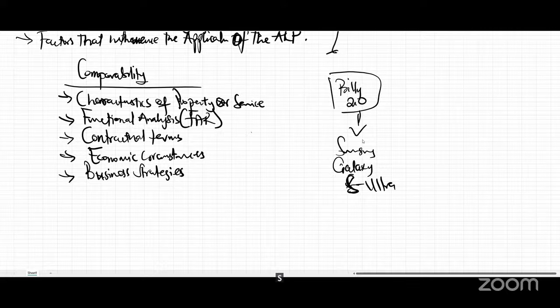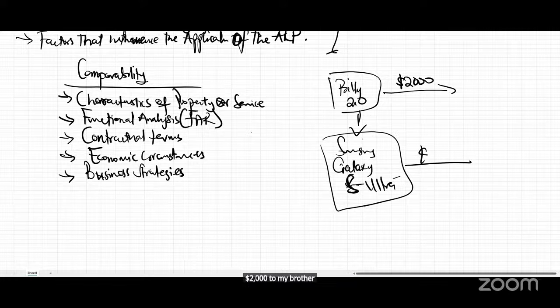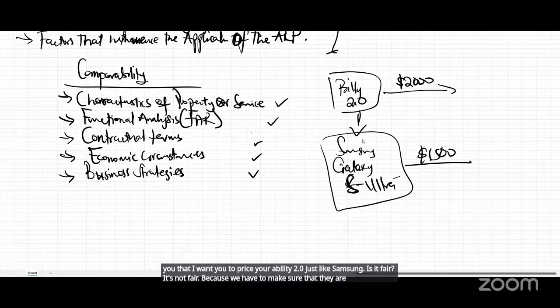This phone is produced by Samsung, but it's similar to mine. And then I have decided to transfer it at maybe $2,000 to my brother, but Samsung sells his at $1,500. So I'm selling to one sister entity. Then the Commissioner General tells you that I want you to price your Billy 2.0 just like Samsung. Is it fair? It's not fair, because we have to make sure that they are comparable in all respects.